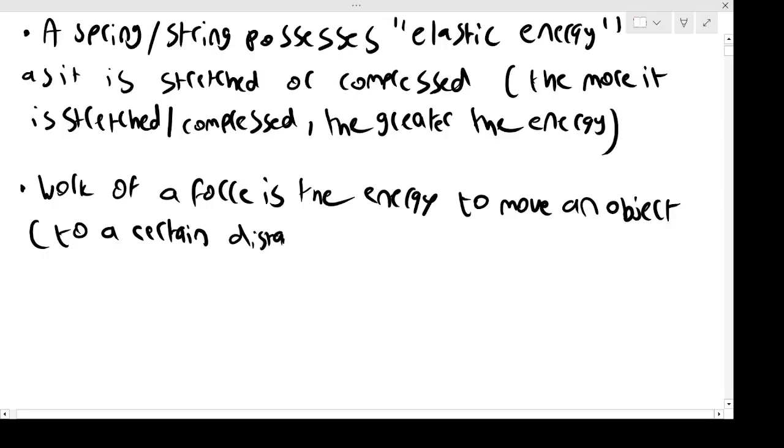Okay, so that's the whole idea of work of a force. We looked at that in the second chapter, which essentially tells us the energy to move an object a certain distance. Okay, that's all it's saying.